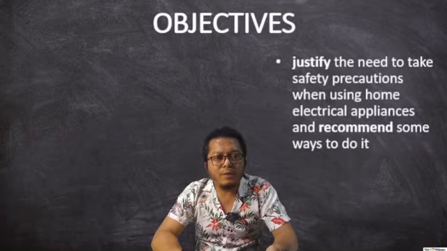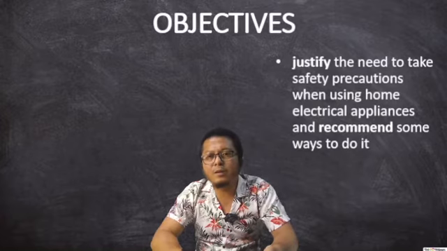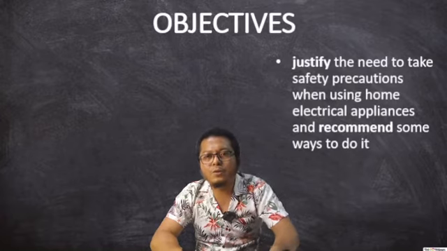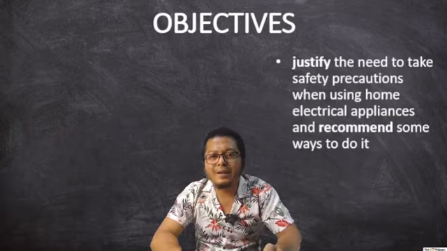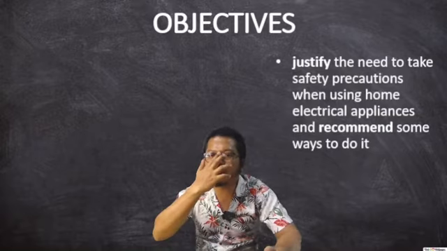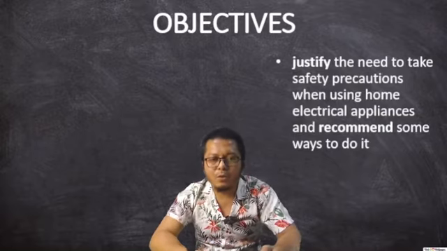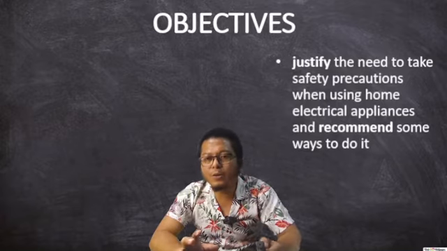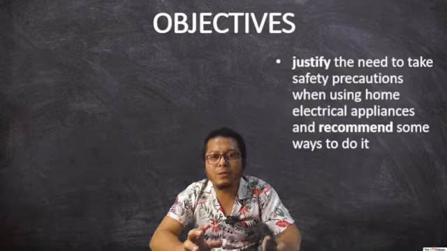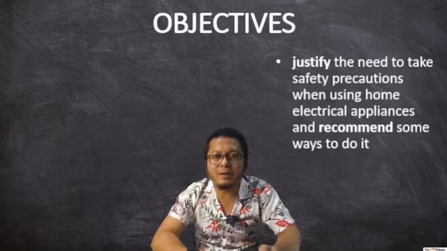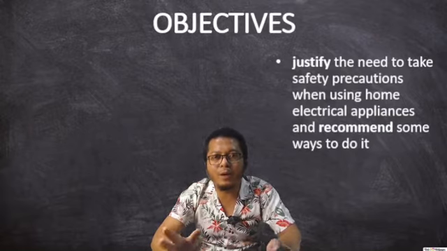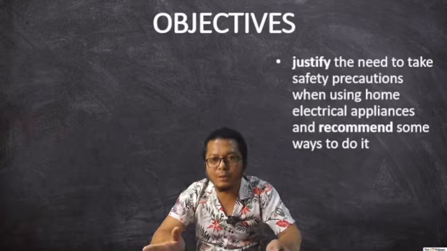Our objective is to justify the need to take safety precautions when using home electrical appliances and recommend some ways to do it. To justify means to confirm, to tell you why we need to take safety precautions when using electrical appliances at home or any places, maybe in school.